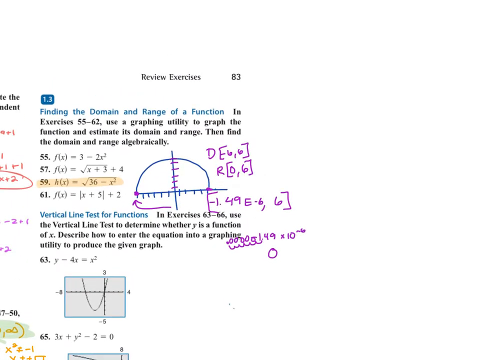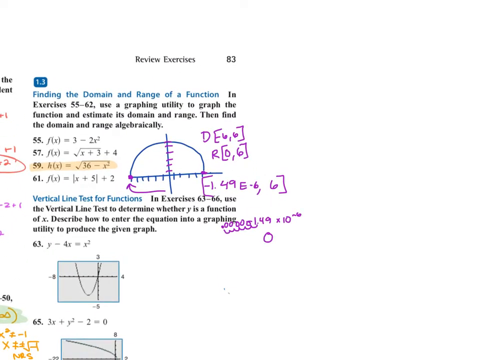Domain and range from a graph. So these you had to use your graphing utility to graph them, and then same thing. I can do this one. This would be domain is negative infinity to positive infinity, and range is, this is upside down, so negative infinity up to 3. 57.